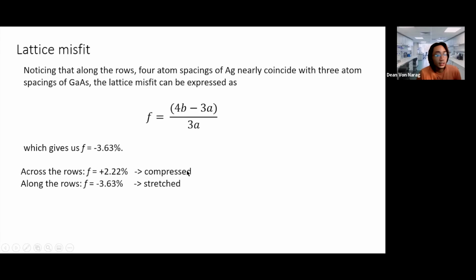So basically the silver will get compressed to the GaAs lattice parameter, which is why it is compression. And along the rows we have negative 3.63%. So along the rows you have smaller atomic spacings for silver, which means that when you grow it on top of a greater atomic spacing of GaAs, the silver will get stretched. Okay.